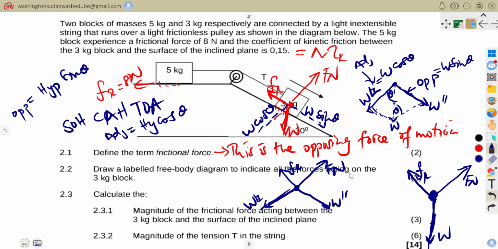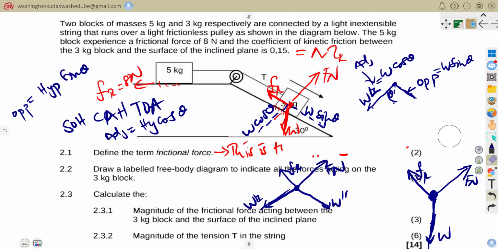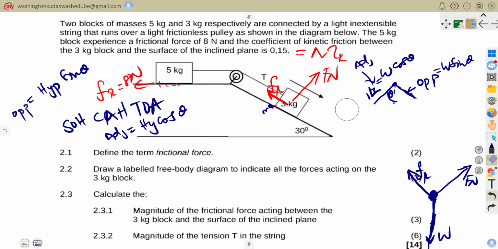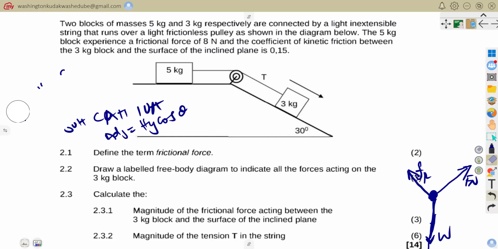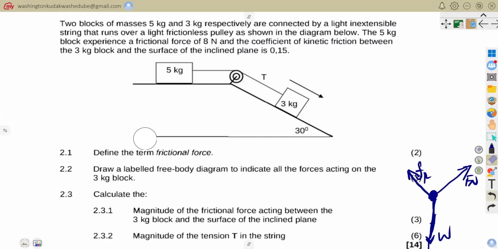They would accept these two notations on your free body diagram. However, because we can see that they already indicated that the number of marks is 3, we would expect you to draw a free body diagram that indicates 3 different forces acting on this body. Which are these forces?